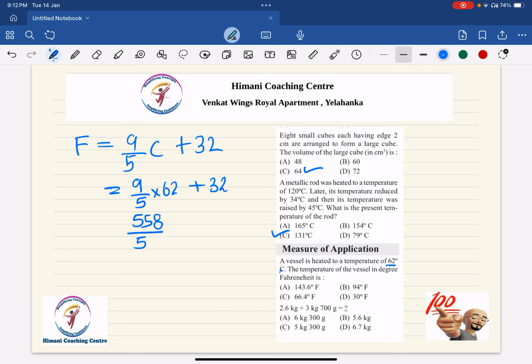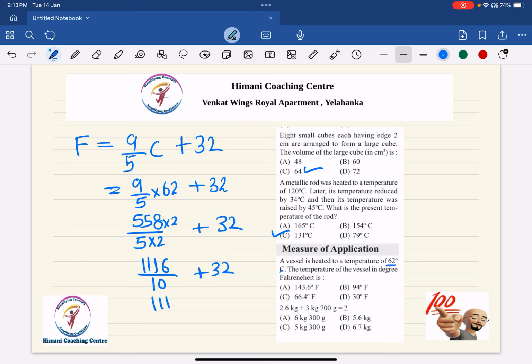One way you can divide by 5, or other trick is multiply numerator and denominator by 2. How will that help us? Because we will get denominator 10 and then we can just put the decimal. Now 2 8s are 16, 2 5s are 10 and 1, 11, 2 5s are 10 and again 11, divided by 10, plus 32. Now 10 has one zero, so there should be one digit after decimal.